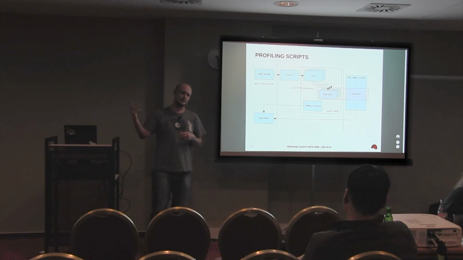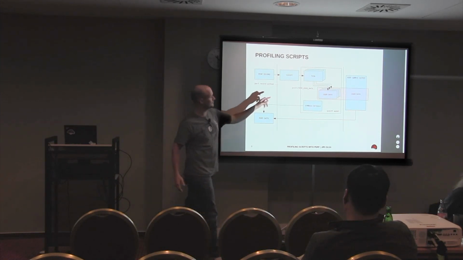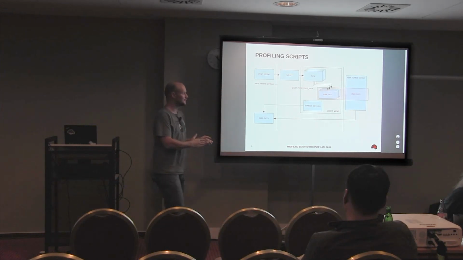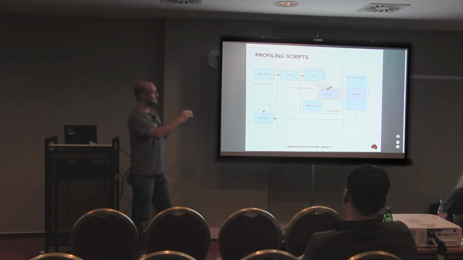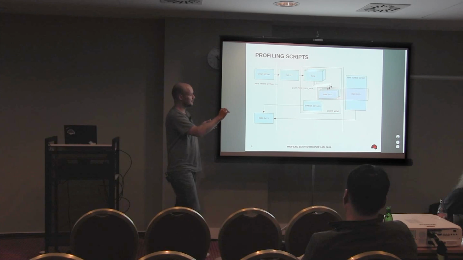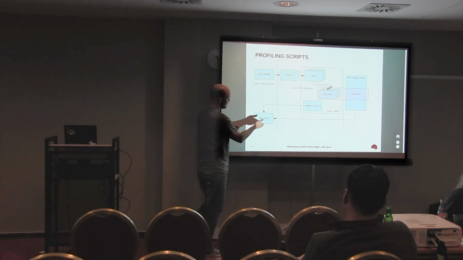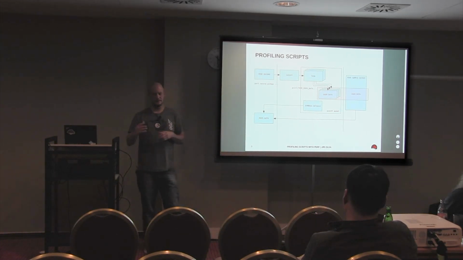Whenever there is a sample, we take the data from this area that we registered using prctl. This way we get the virtual stack into the sample, and it will eventually get to the perf data, and we are able to display that.